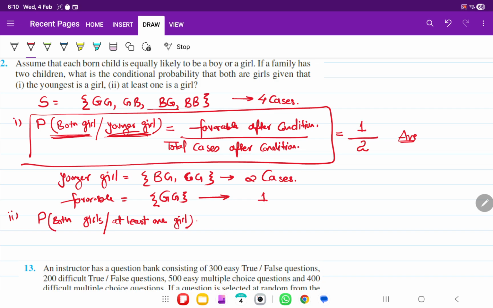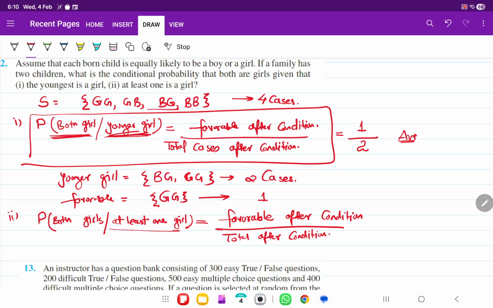The condition is at least one girl. Okay, so what is the probability formula? Total after condition, correct? Total after condition and numerator favorable after condition, correct? In reality there are 4 cases, sample space G G, G B, B G, B B. But out of that, how many are possible of at least one girl?